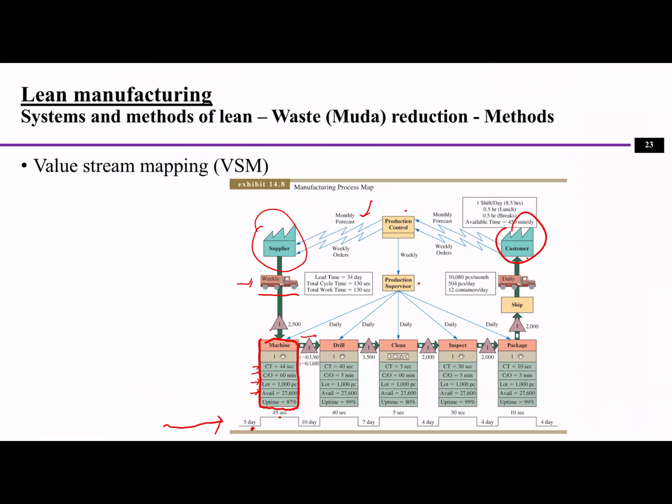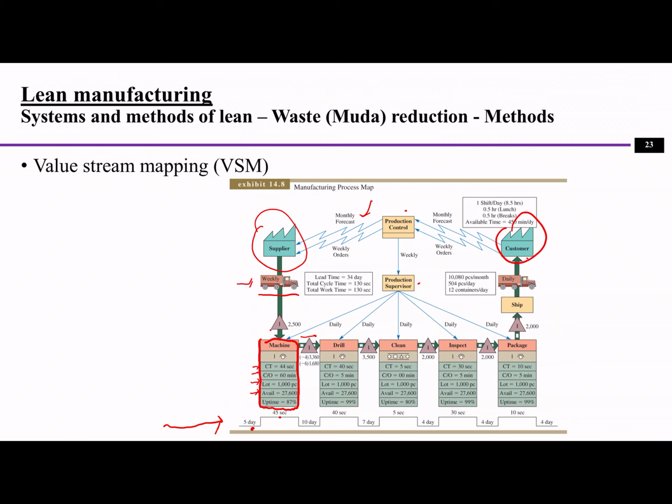For example, here maybe the supervisor is going to manually talk to or give each of the process operators a document or explain the information. So you can see here the production supervisor actually discusses or communicates with each of the processes on a daily basis.